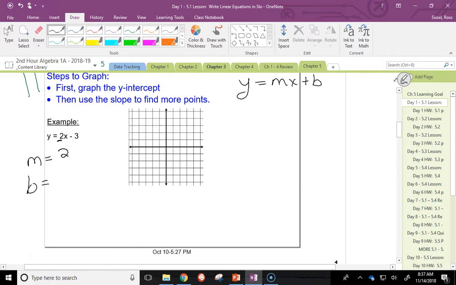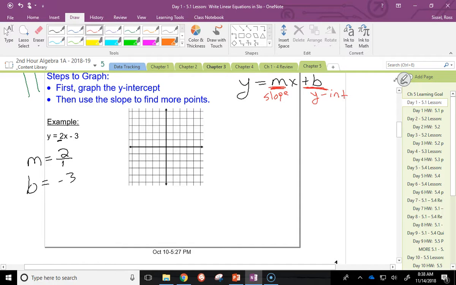If it helps you, you can write it as a fraction. You just put that whole number all over 1. What is my y-intercept? It's our -3. Now, if anyone's confused where they got those, remember, in our equation, the coefficient in front of our x is our slope, and our b is our y-intercept.